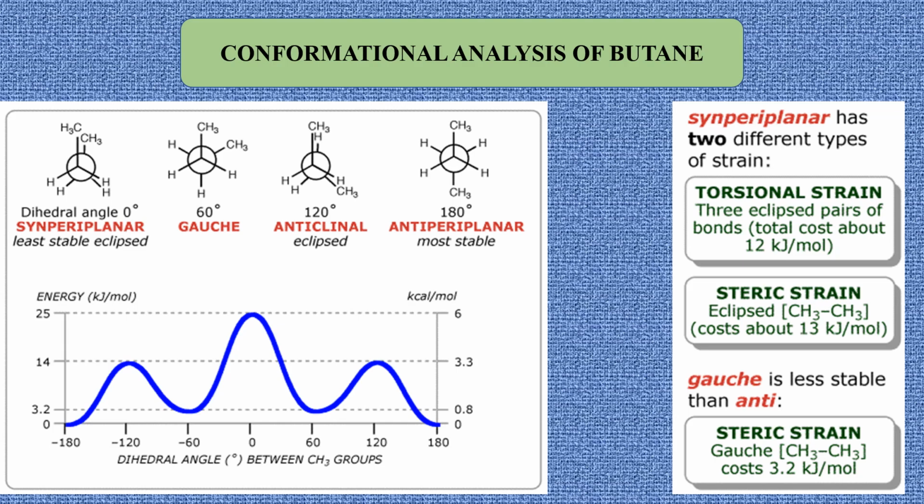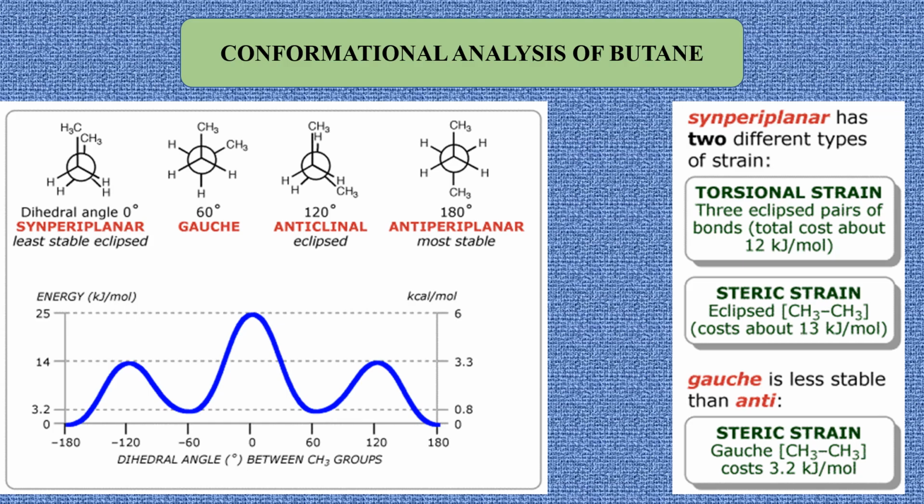Now, when we do another 60 degree rotation, it becomes anti-staggered conformation. This anti-staggered conformation is called anti-periplanar conformation or anti-coplanar conformation. This is found to be the most stable conformation because all the 6 bonds are kept far from one another.